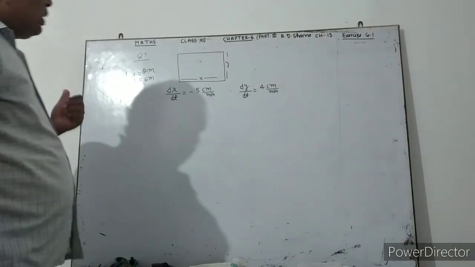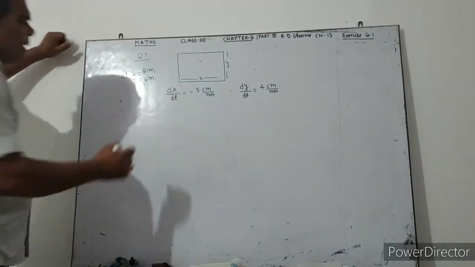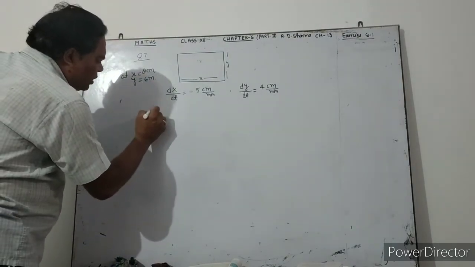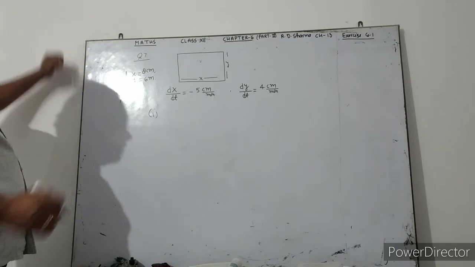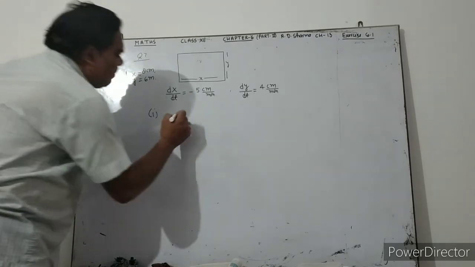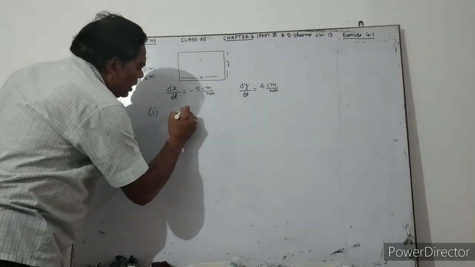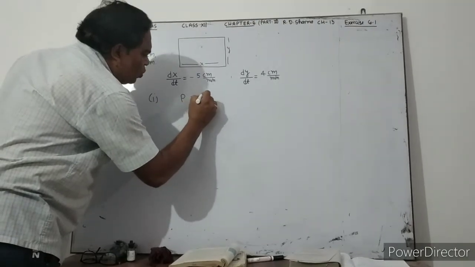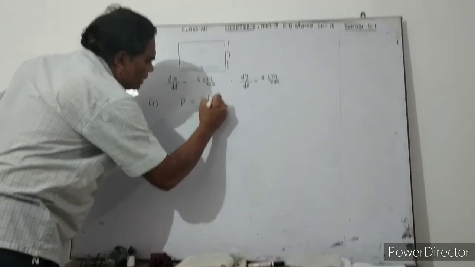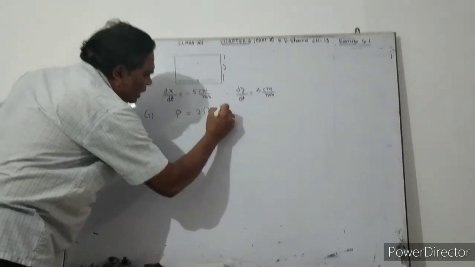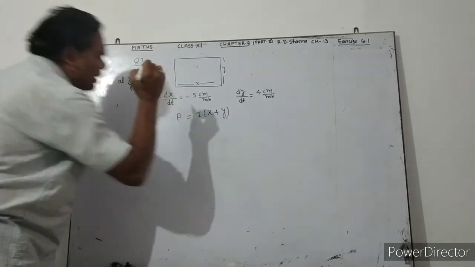Now, what is the perimeter? The first part: what is the rate of change in the perimeter? The perimeter is 2 times length plus breadth, 2(x plus y).